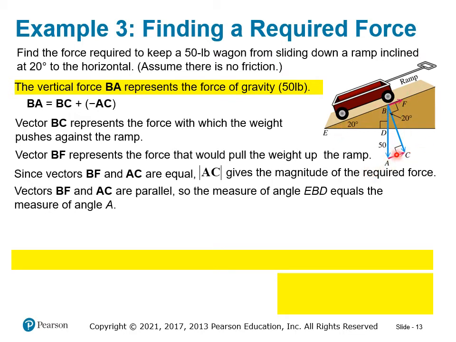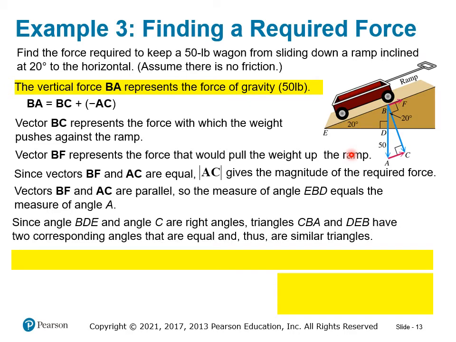Since angle A and angle B are equal, and angles D and C are both right angles, we have similar triangles. And so that means the other angles are equal as well.